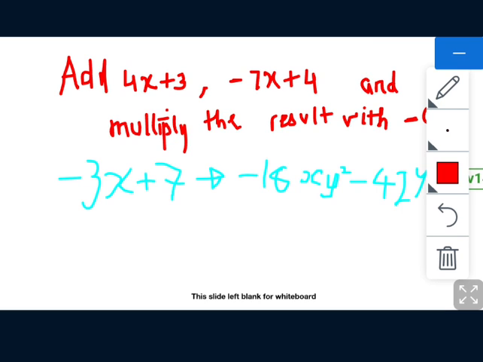Right? See, you have multiplied it correctly, which means 6 3xy squared, but you are multiplying minus and minus, so it will give you plus. Is that clear? See, when you add them together, your answer is, and you have to multiply it with minus 6y squared.